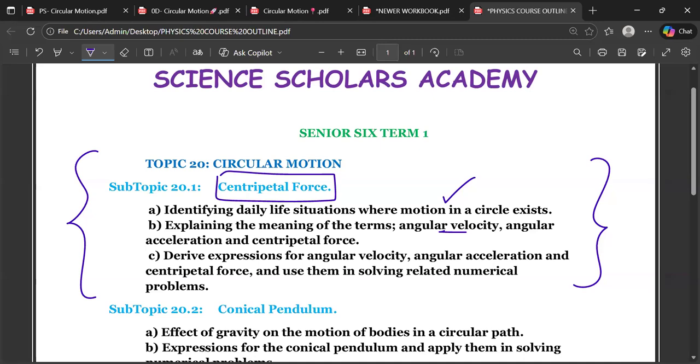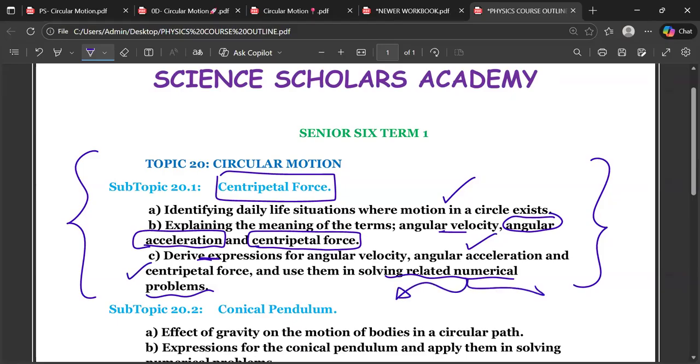For today, I want us to concentrate on angular acceleration, then the centripetal force. Of course, we are going to have derivations for both, and then we are going to solve more problems. In these related numerical problems, we shall have some nice cases to do with the horizontal circle.